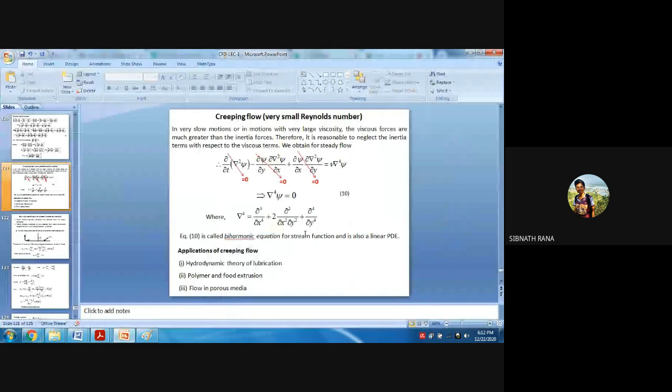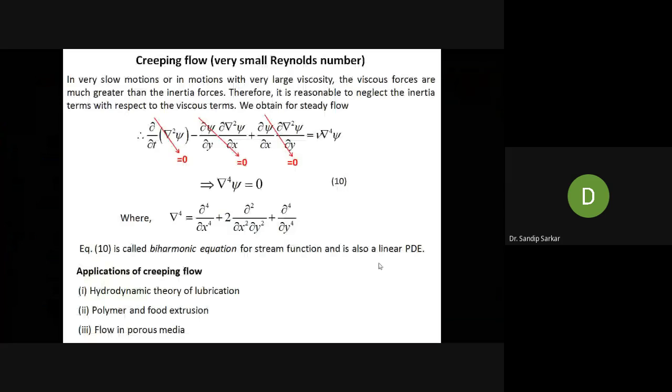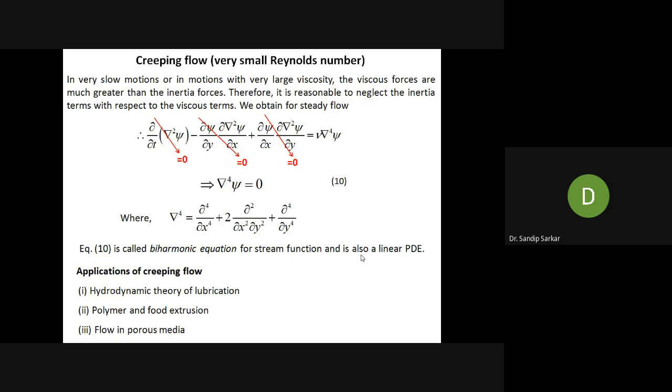And sir, the food extrusion part. Take the food processing industry, where there is continuous manufacturing of jam, jelly, those kinds of products. Basically those are polymeric fluids, non-Newtonian fluids.